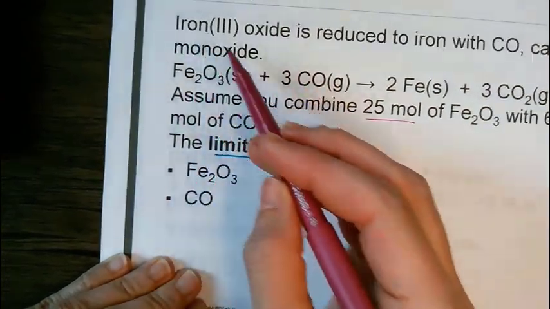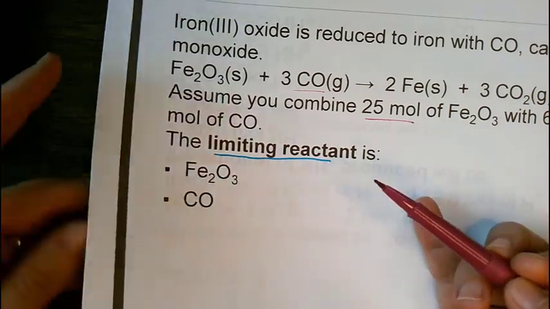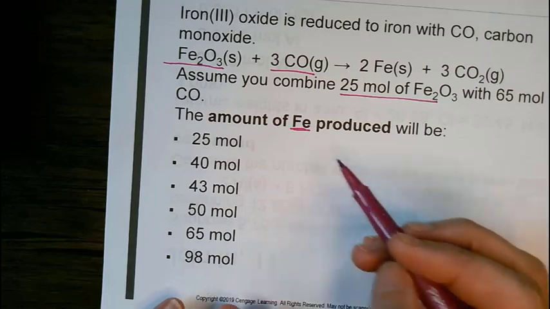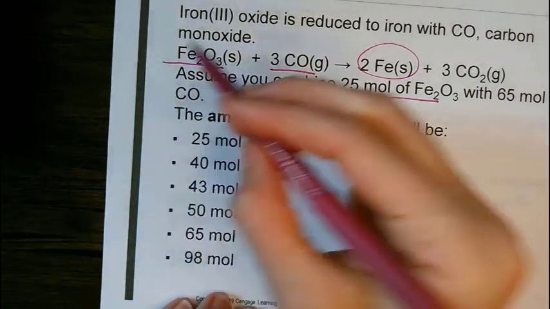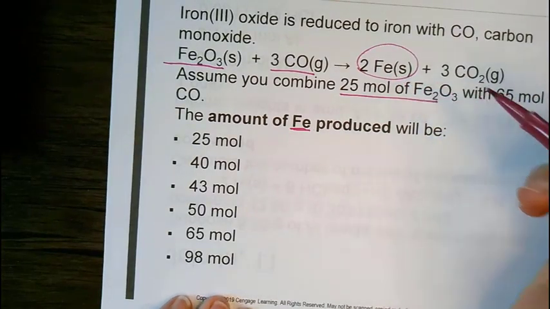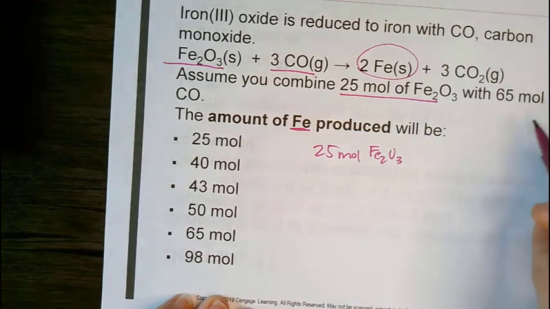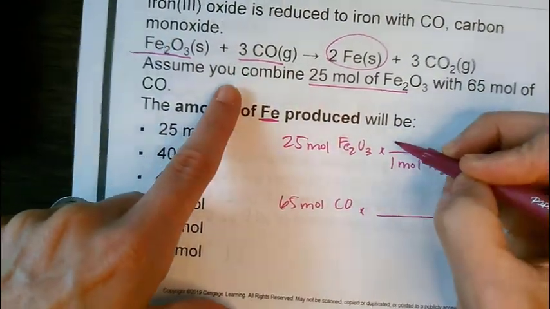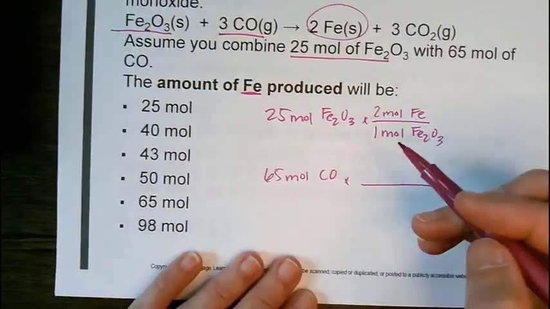You could have gone from moles of iron(III) oxide and carbon monoxide to either product and compared to see which one your limiting reactant is. However, if we're actually asked how much Fe is produced, I am going to just use that as my final end product. So let's see, 65 moles of CO. So I want to compare Fe2O3, 1 mole of that, to 2 moles of Fe.